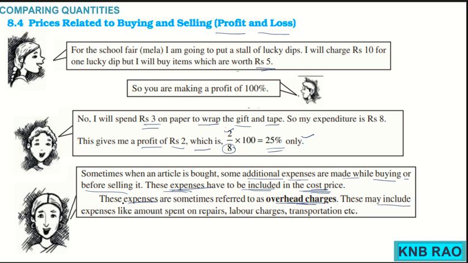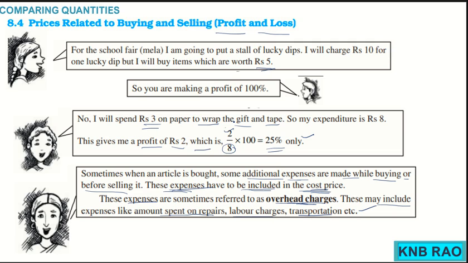These may include expenses such as amount spent on repairs, labor charges, transportation, etc., like the gift wrapping. They are all overhead charges. So these are the important terminologies and concepts of cost price, overhead charges and selling price.